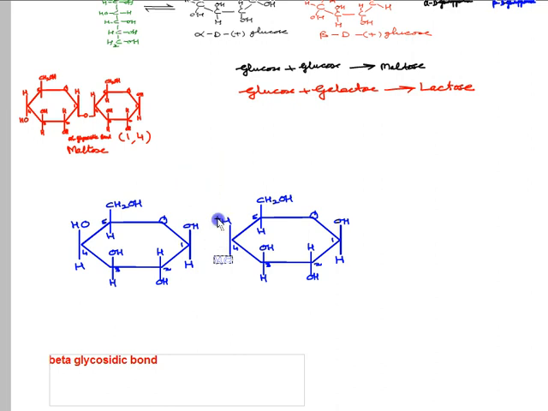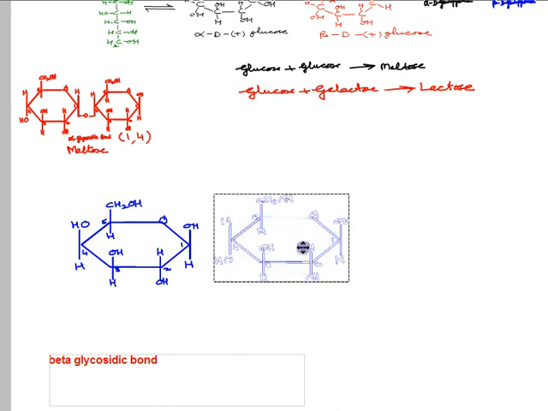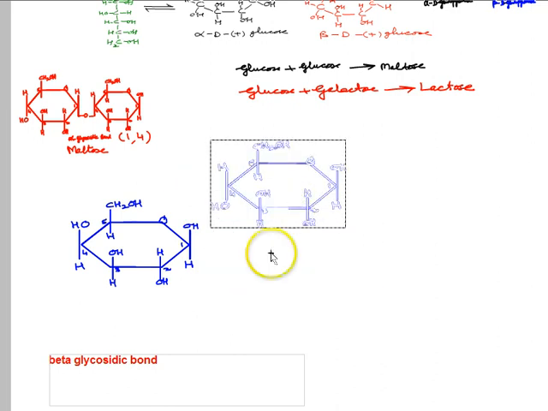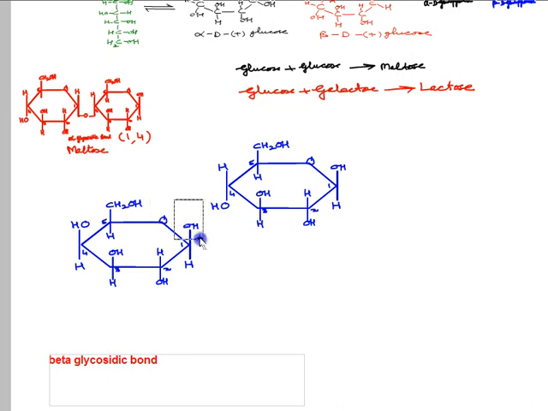So just to make you understand, I take this molecule slightly up like this. Now it's not very difficult because these two OH can combine together to form water, right? So we take them out and make water out of this.